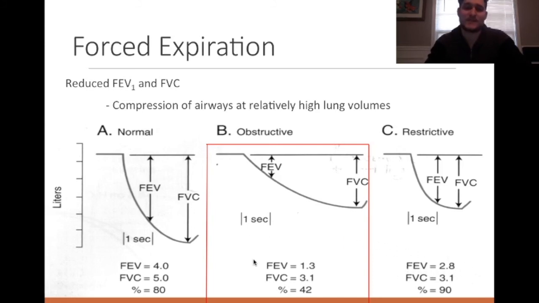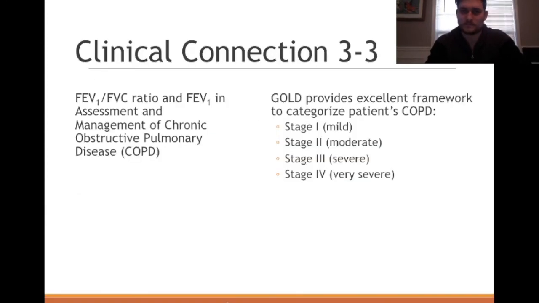The difference is that in an obstructive disease, that ratio is going to become a whole lot less, and this can lead to complications, obviously, both at rest and during exercise. So here you see major differences in FEV1, forced vital capacity, and that ratio.